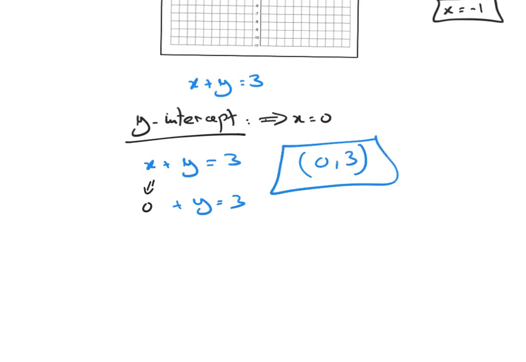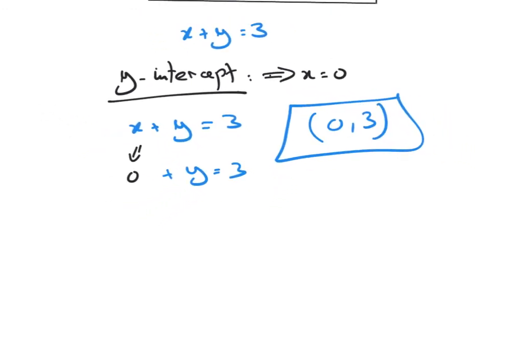This is my first point. And let's find the second point by using the x-intercept here. When we have the x-intercept, we substitute y by 0.